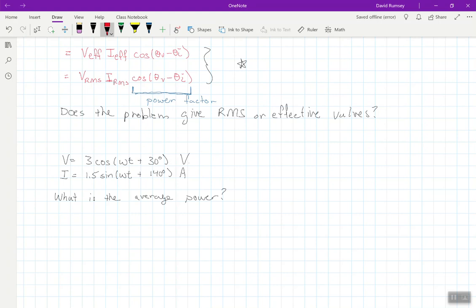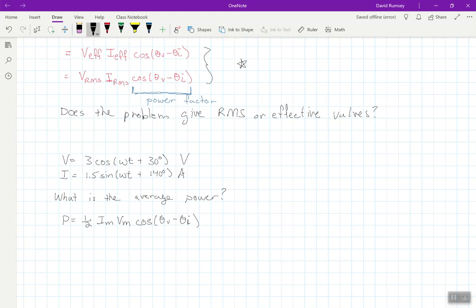Because it would say something like volt RMS, amp RMS, or volt effective, amp effective, or it would put it on here like RMS. So there'd be some clear indication that these would be RMS values, which they're not. So we know we need to deal with the power equation to find the average power being 1/2 Im Vm cosine of theta v minus theta I.